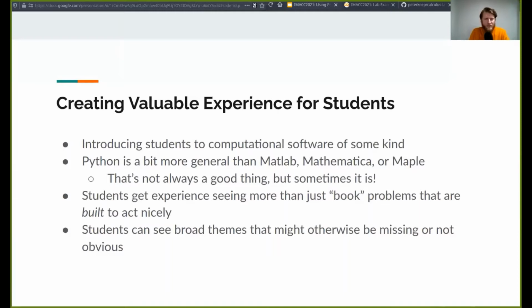I like that students are getting experience seeing some problems that aren't just clean, nice problems from a textbook. I'm trying to give students integrals that they can't actually anti-differentiate nicely. Things that maybe don't have an elementary antiderivative, like sine of x squared.